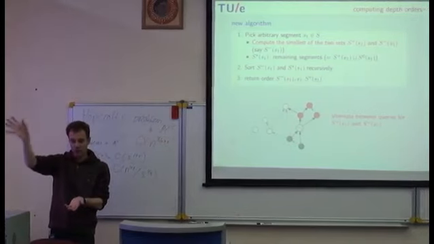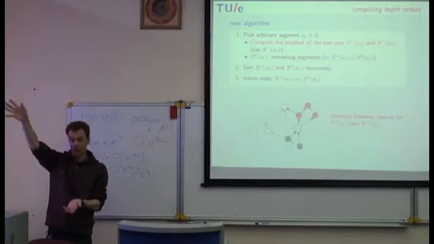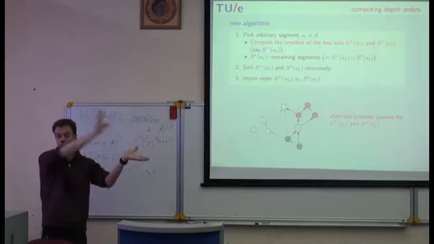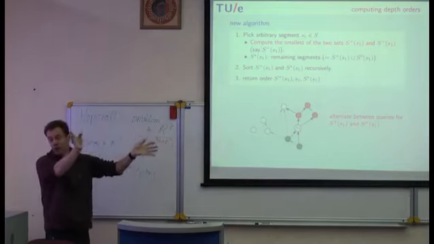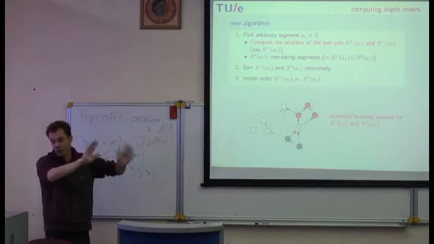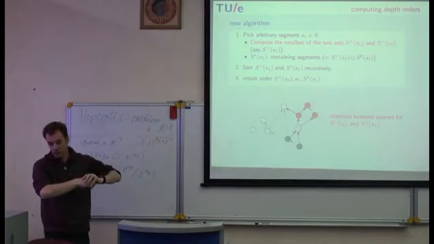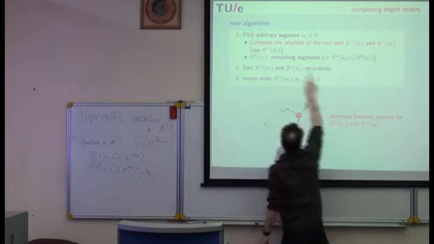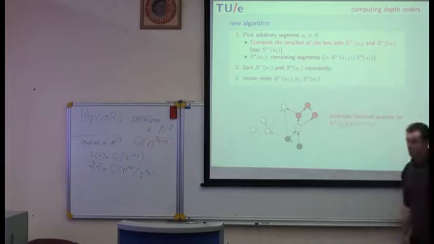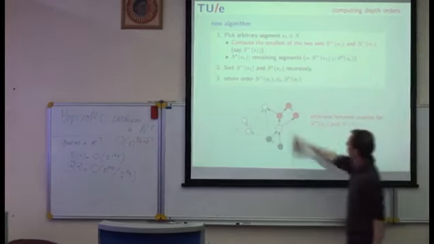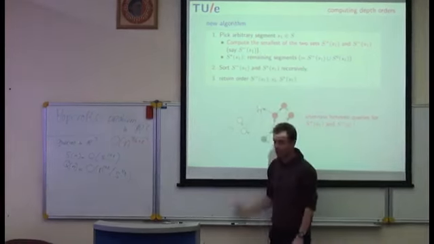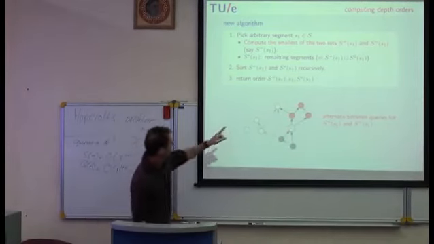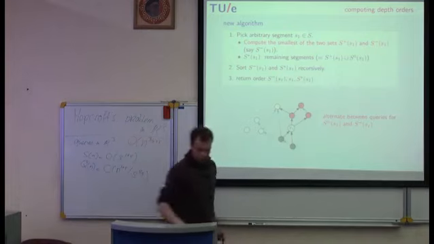Then all the rest, which could be S plus or the remaining ones, I'm going to put all together and say, these are my remaining ones, and I don't know whether it's S plus or S zero. So this S star actually is the union of these two. And I sort that one recursively and that one recursively. And then again, if you think about it, this is the right order.